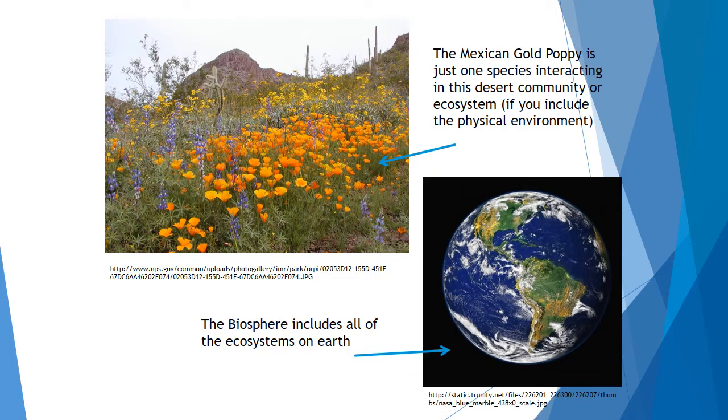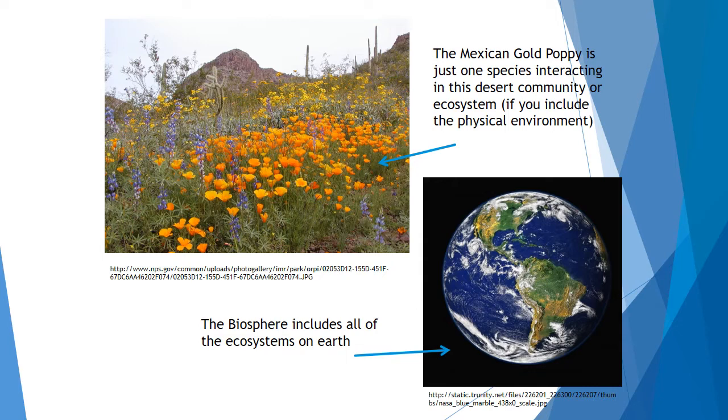A community. This picture here is a community. If we are talking about multiple species of organisms in the area interacting together. So here we have the cacti, we have the Mexican gold poppies, we also have these lovely purple flowers.